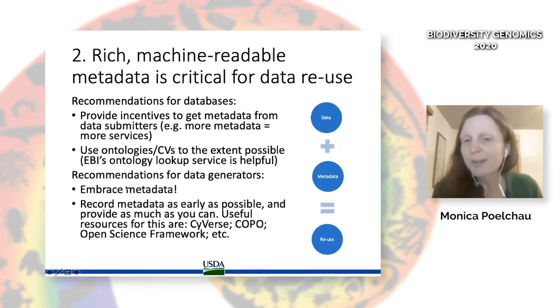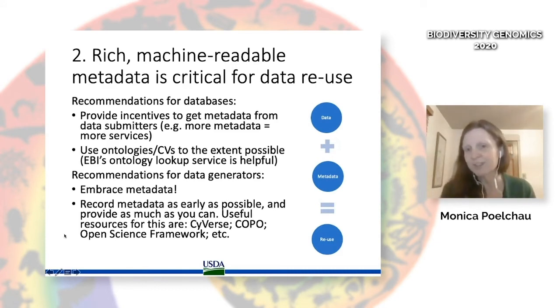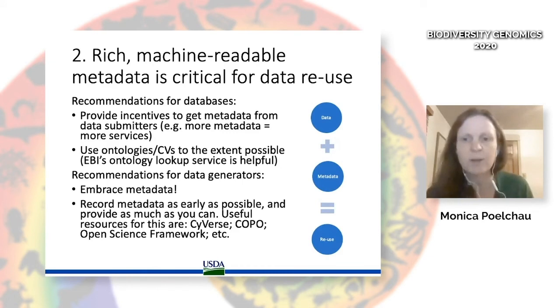For data generators, we recommend that you embrace your metadata. So especially for these reference data sets for the Earth Biogenome Project that are tailored towards reuse, think of metadata as an essential product that you're also generating to enable reuse. And record your metadata as early as possible and provide as much as you can. Here are some useful resources for this that I provide links to as well.